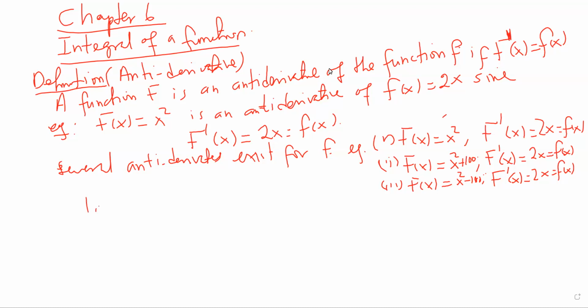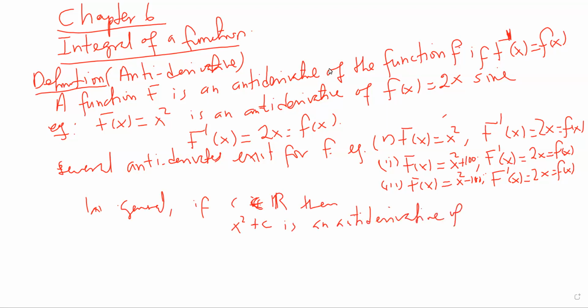So in general, if c is a real constant, a real number, then s squared plus c is an antiderivative of 2s. Okay.